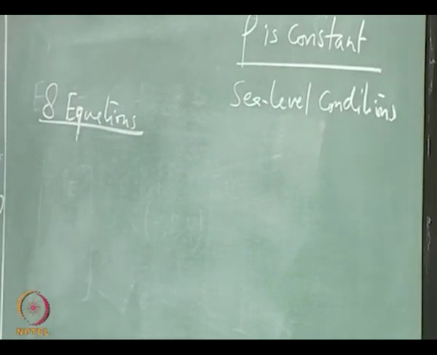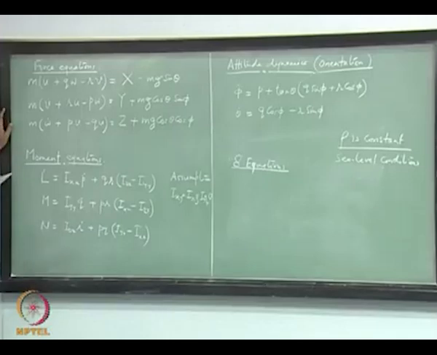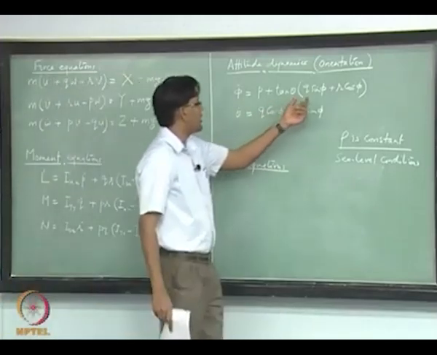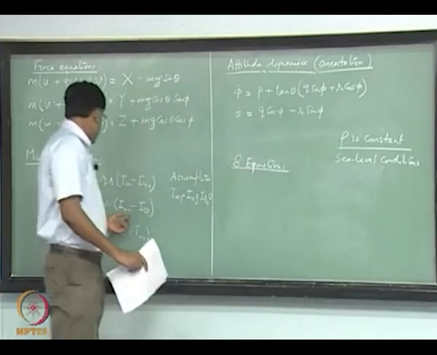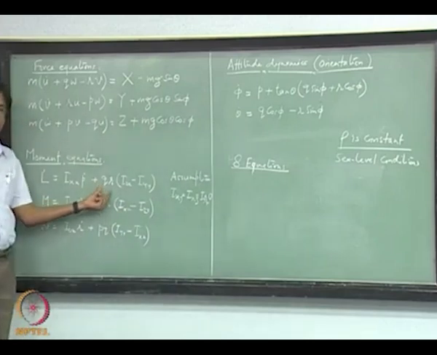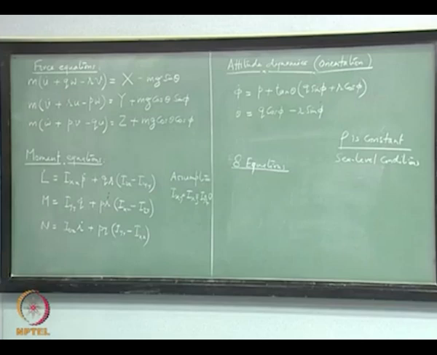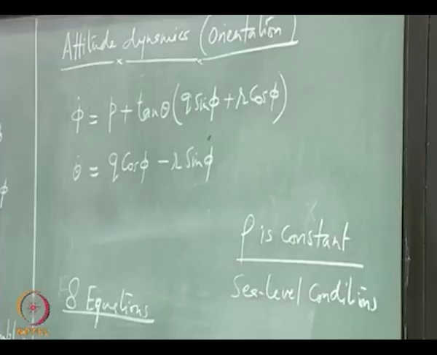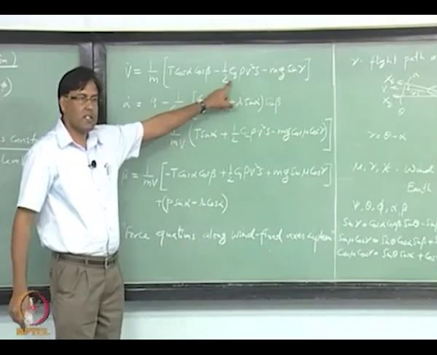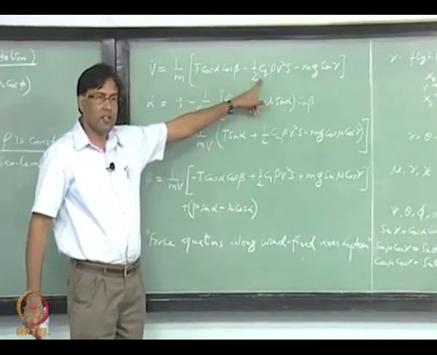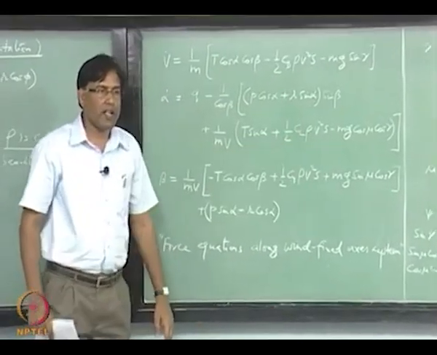So we already looked at the direct nonlinearities because of these trigonometric terms and also because of the product of variables, right. Any other nonlinearity you see in these equations? What about these coefficients C_D, C_L, C_M, are they linear?